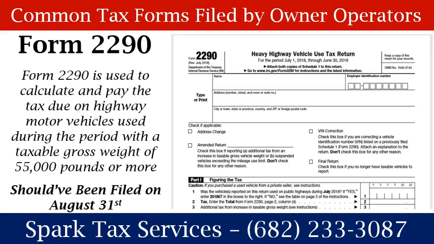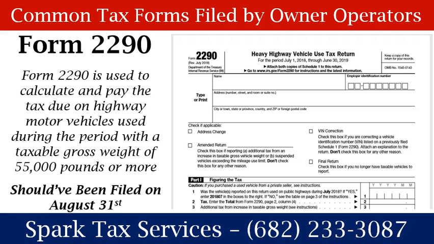Another common form is Form 2290. It's the Heavy Highway Vehicle Use Tax Return. Now for this tax return, it should have been filed. Oh, this is for drivers who have a vehicle that weighs at least 55,000 pounds or more.